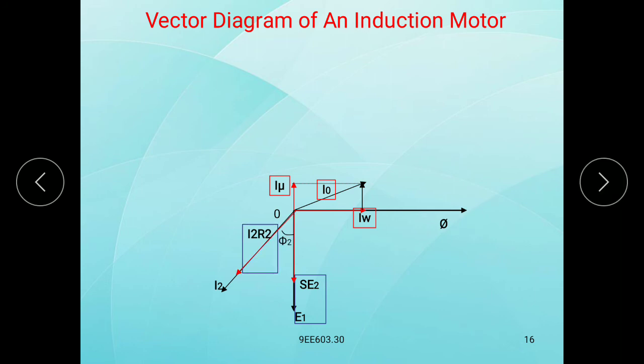So this is the phi 2 between I2 and SE2. The opposite projection of I2 is I2 dash. I2 dash and I naught give the I1. That is the I1.